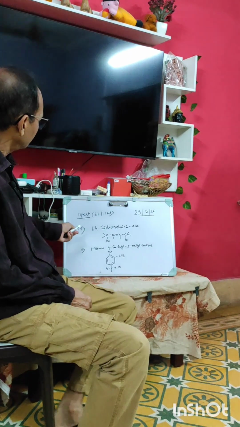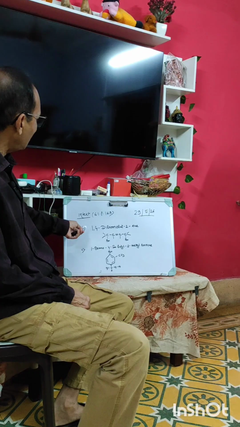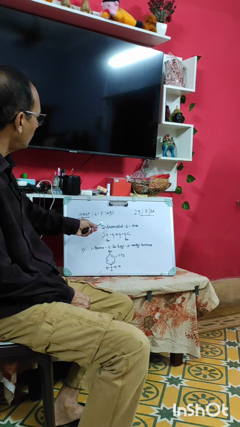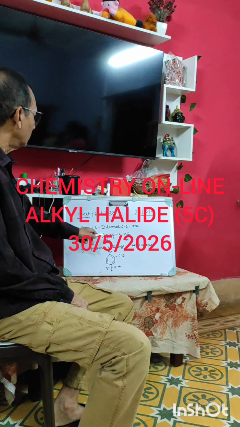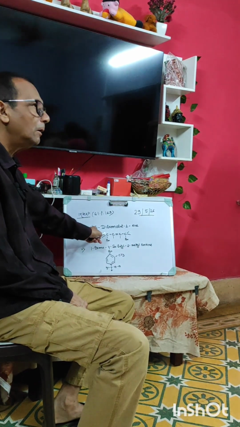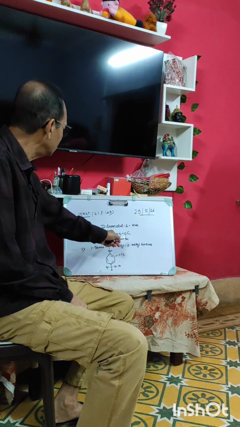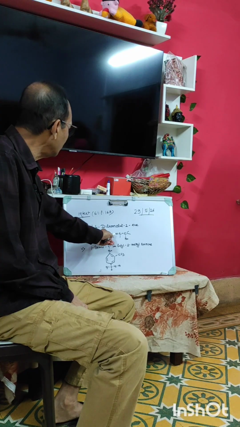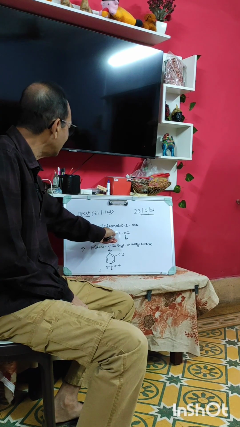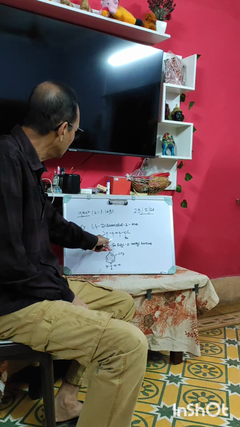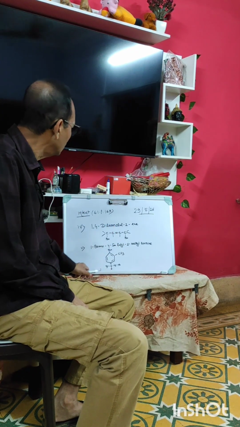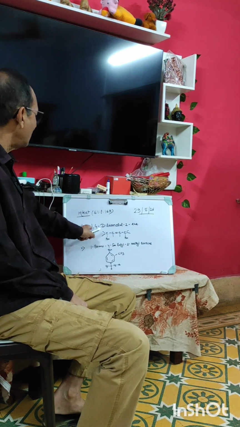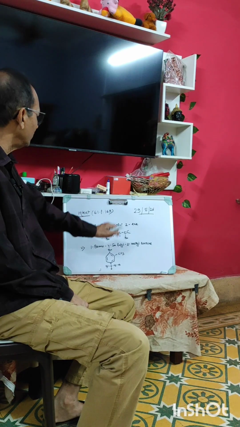Question number 4: 1,4-dibromobut-2-ene. So first you draw 4 carbons and put one double bond between the second and third carbon. Positions 1 and 4 carry bromine. So it is 1,4-dibromobut-2-ene.